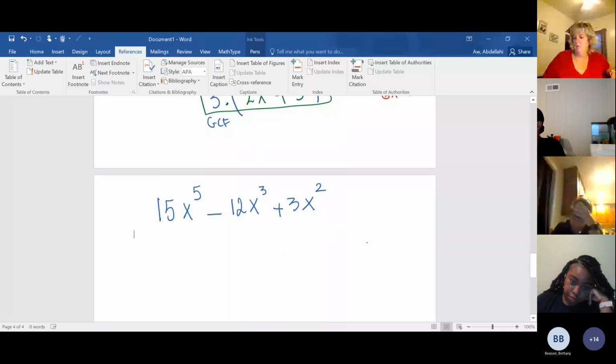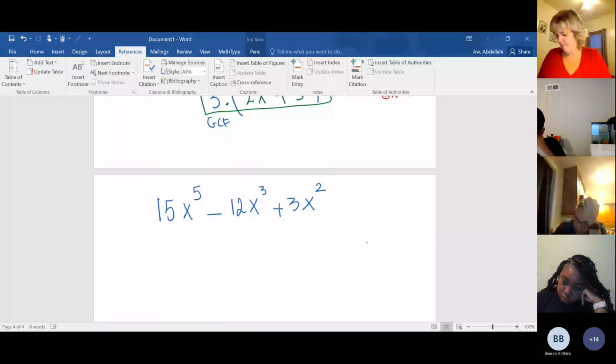We want to factor that. We want to find the GCF first. But what do you see here that you haven't seen before? We have x everywhere, right? So the x will be in the GCF, and we're going to see what power to put on that.